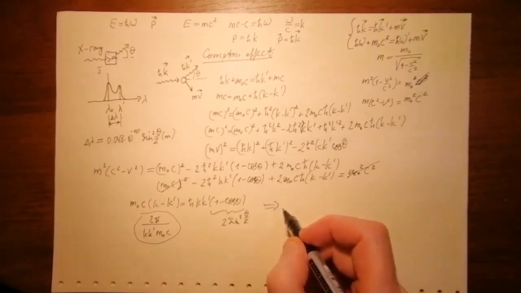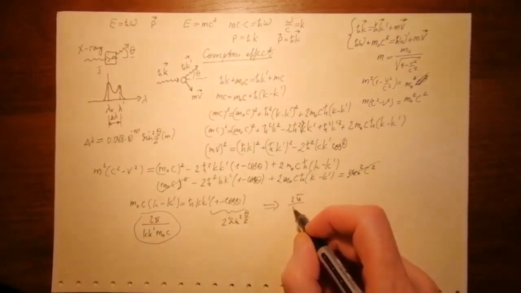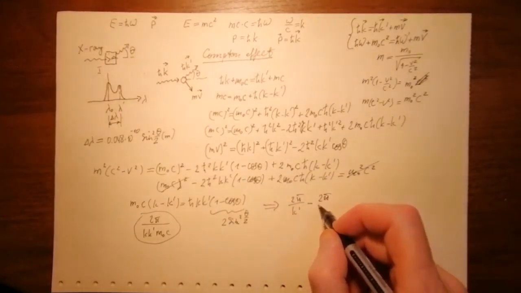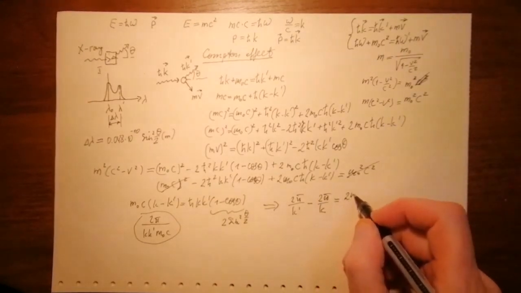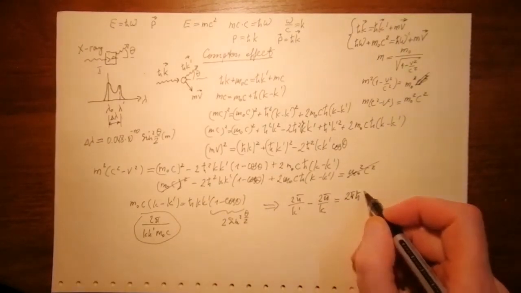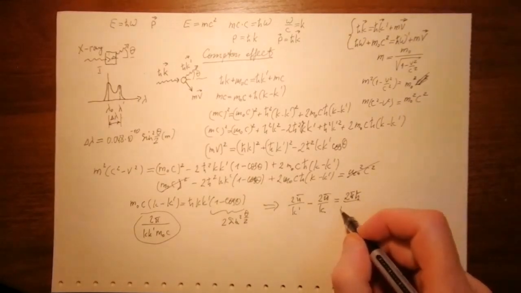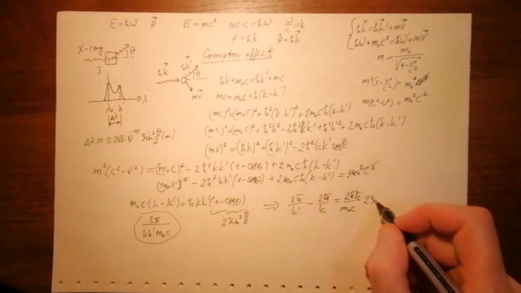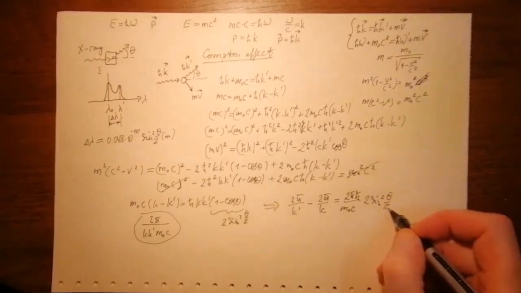This will give us that 2 pi over k prime minus 2 pi over k is 2 pi h over m0 c times 2 sine squared theta over 2.